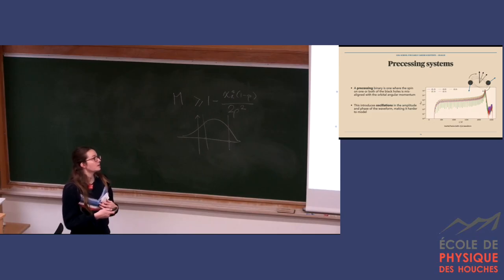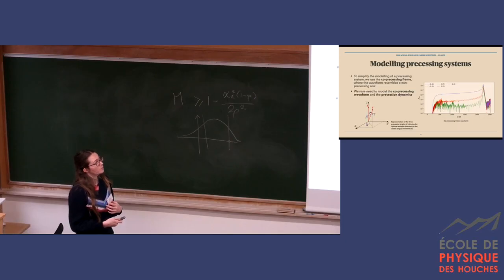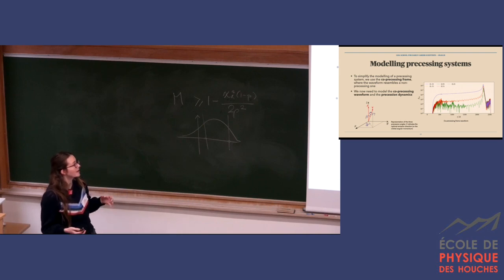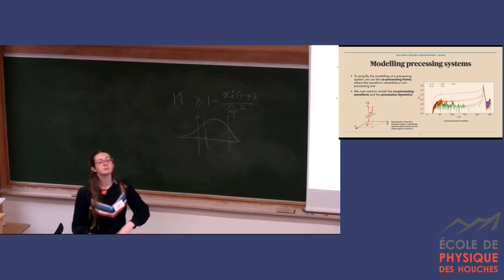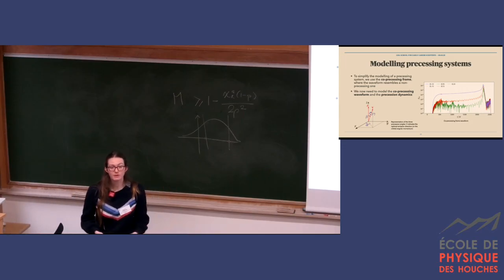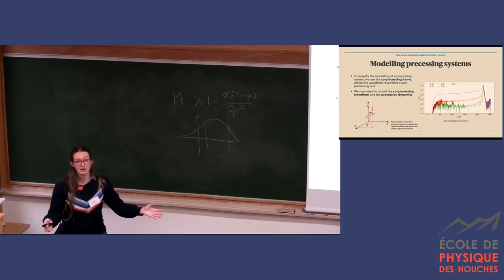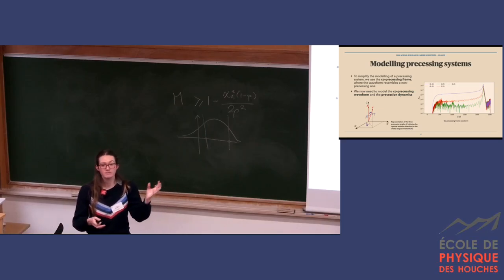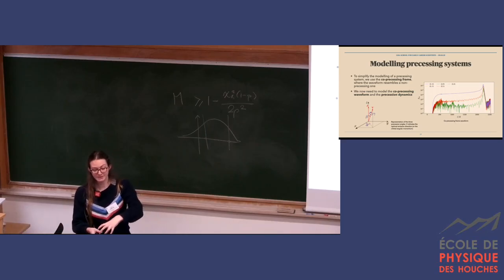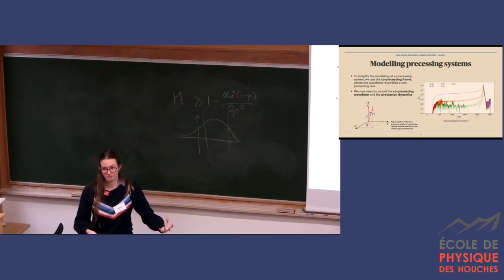So we have to have a way of making the system simpler. And when we model precessing systems, what we actually do is track the optimal emission direction. Right, so when you have an aligned spin binary, well, if you have any binary, the majority of the power is emitted perpendicular to the orbital plane.